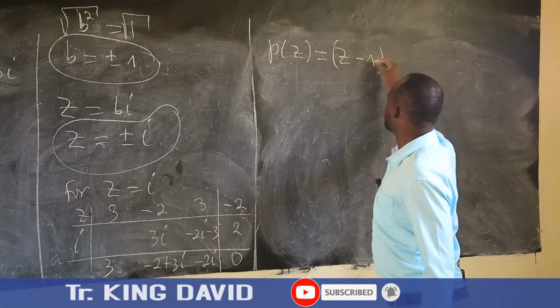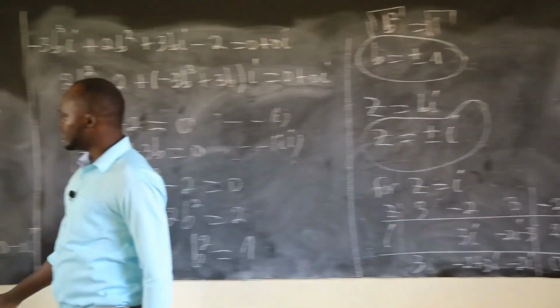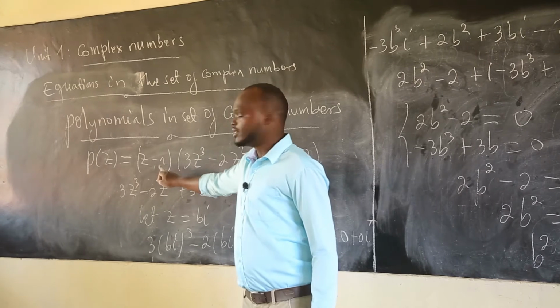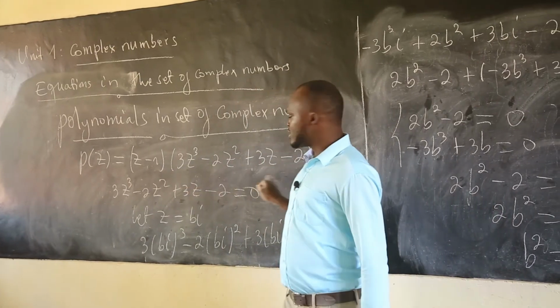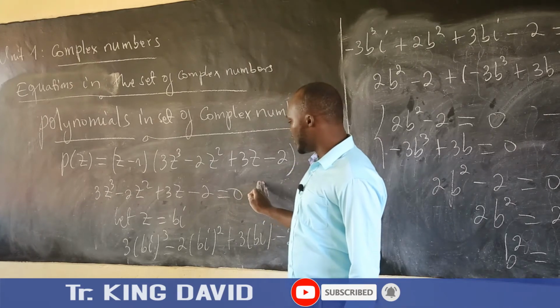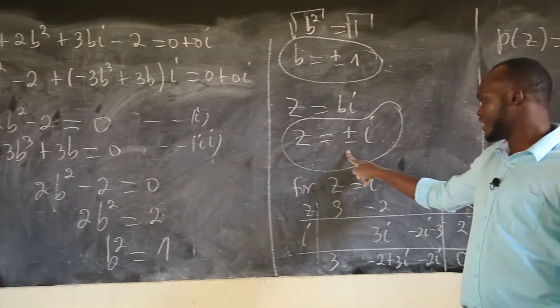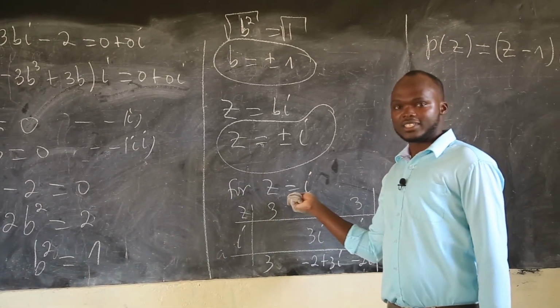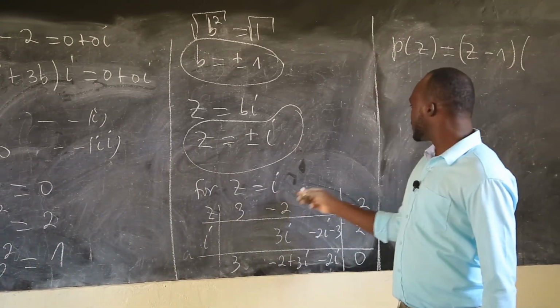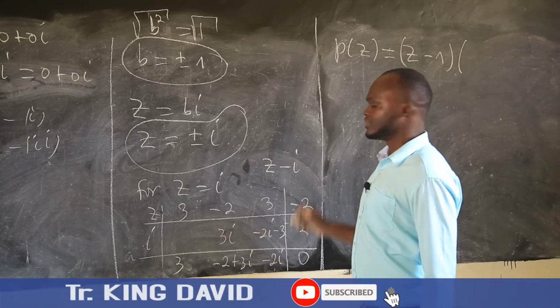If you remember, in brackets, it is here: z minus 1 times this one. So now this polynomial, I'm factorizing this one. So I got z equal to plus or minus i. I started with z equal to i. If z equal to i is a root, the factor is z minus i.